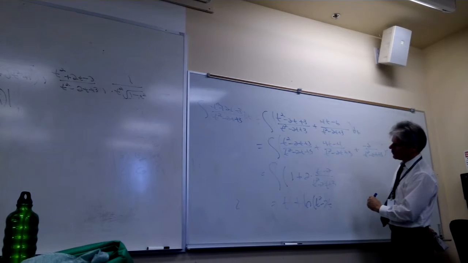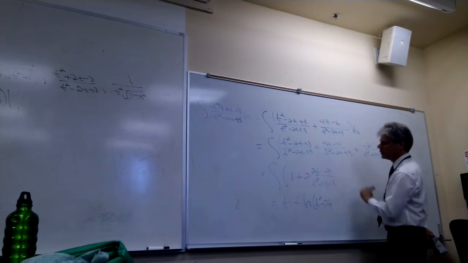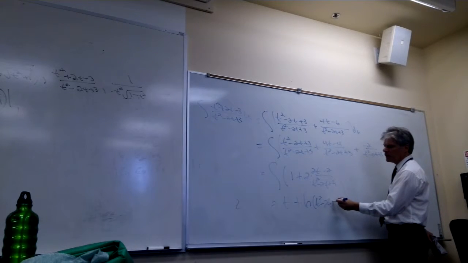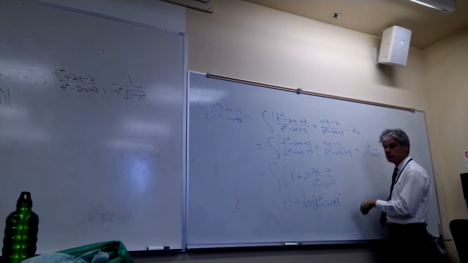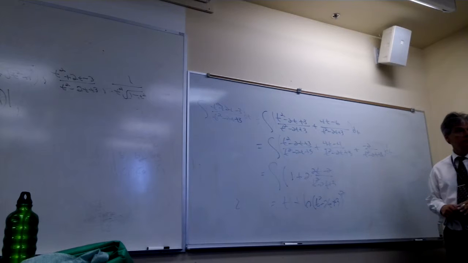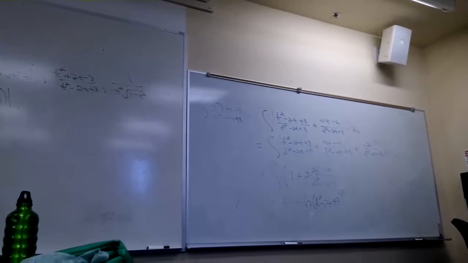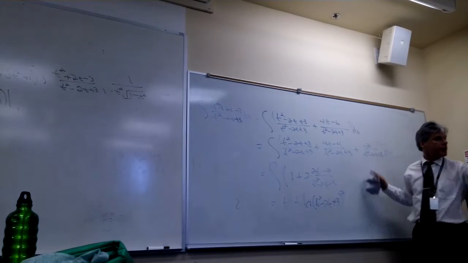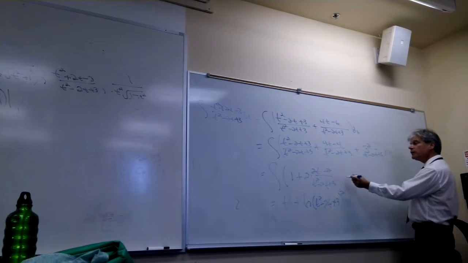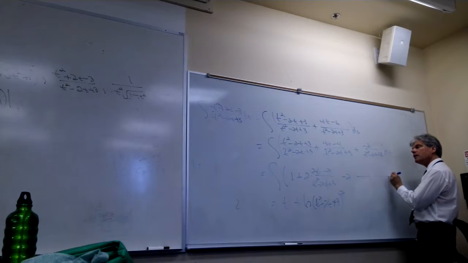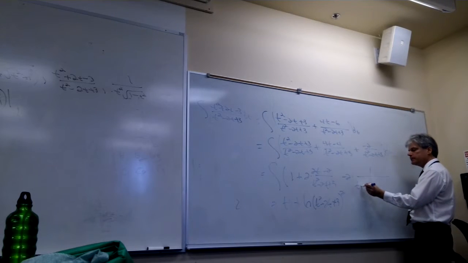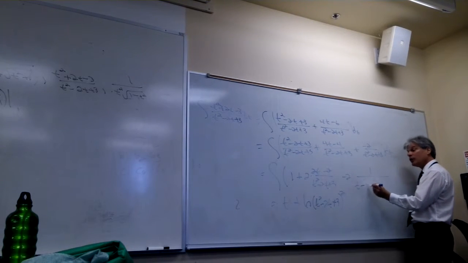Do you like us to put our constants inside the vector or outside the vector? It's entirely up to you. Okay. Piece of cake. Oh, you're right, I missed the other one. So I guess I gotta come back and finish up. What did I do with the other one? I just got a minus 2 times 1 over quantity squared.